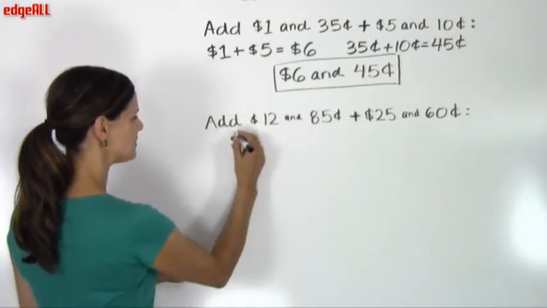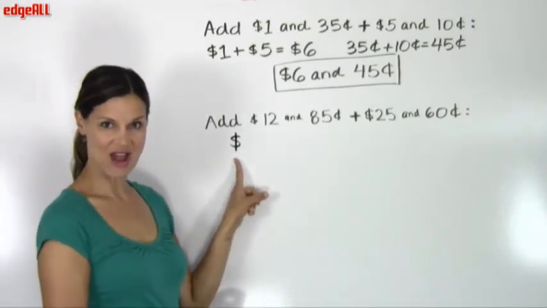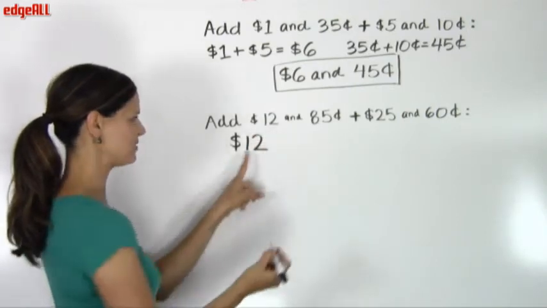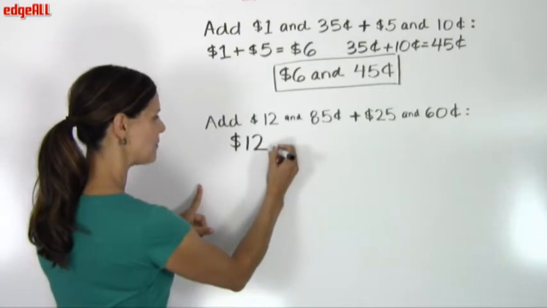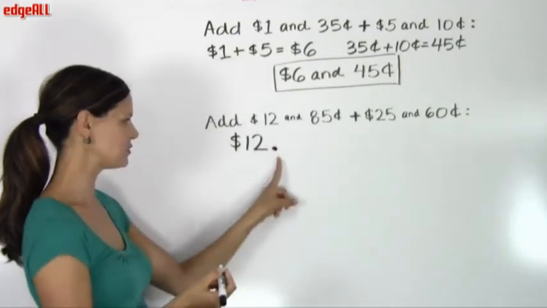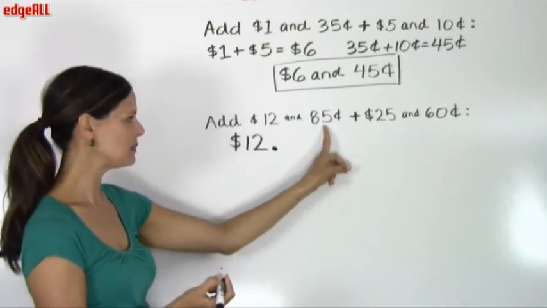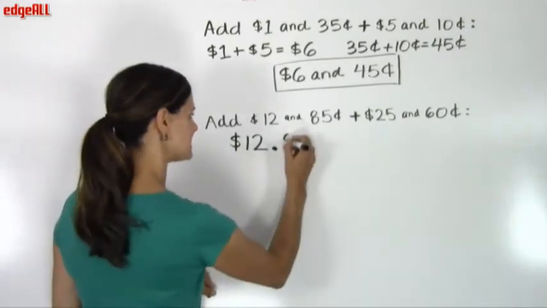$12.85. And to put that in decimal point form, we put our dollar sign out in front, and then we put our dollars amount, which in this case is 12, and a point right after the 12. And then to the right of the point, we place our cents amount, 85 cents.